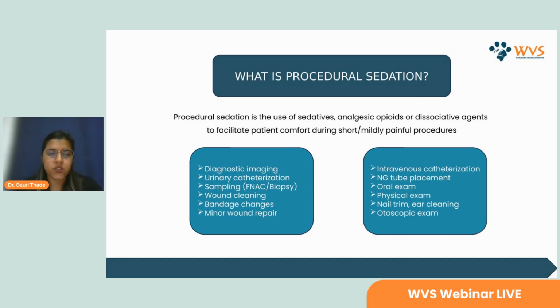Examples of these procedures could be diagnostic imaging, urinary catheterization, like in a block cat, sampling, whether it's FNAC or an ultrasound guided biopsy, wound cleaning, bandage changes, laceration or wound repairs, sometimes IV catheter placements or physical exam, nail trim, ear cleaning can be really difficult in an aggressive dog. So we would need some level of sedation for these.